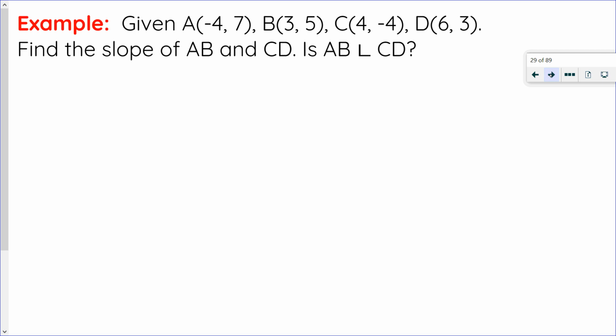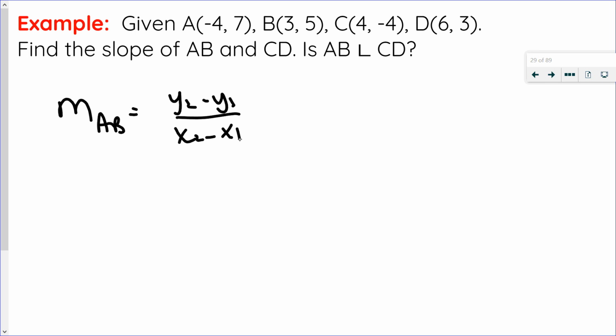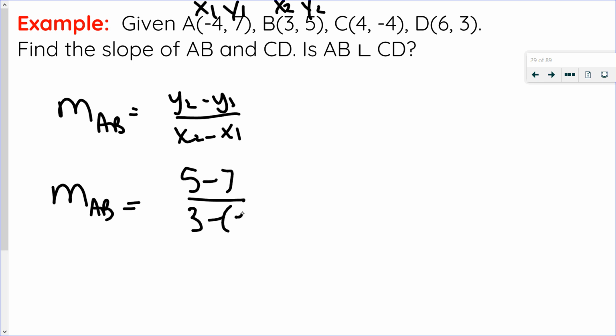So let's try an example there. Okay, same thing. We're going to find the slope of AB. So again, that's y2 minus y1 over x2 minus x1. So I'm going to call the second point x2, y2, and the first point x1, y1. Okay, so our slope of line segment AB is 5 take away 7 over 3 take away negative 4.